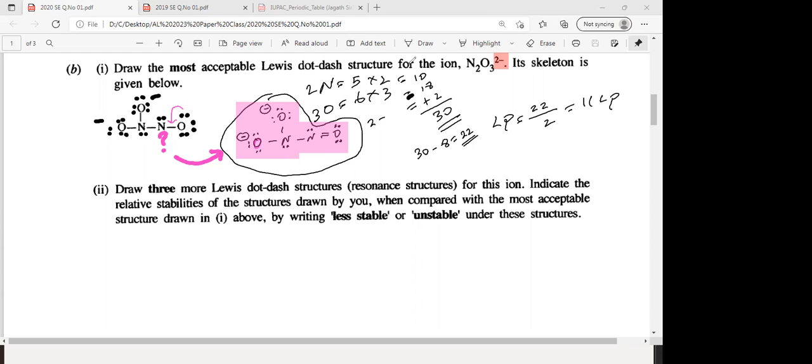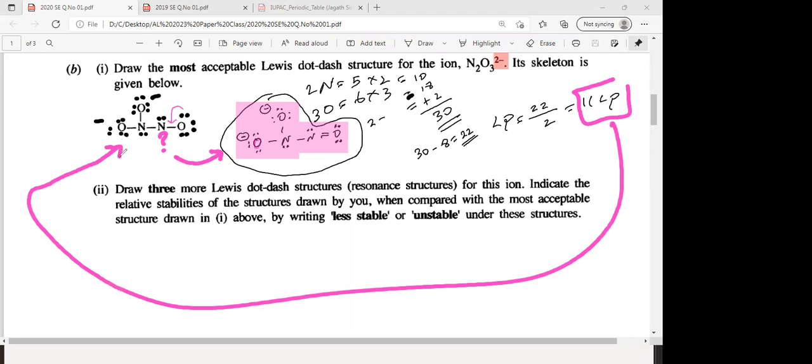Okay, shall I move to the next one? If you have any doubt, please tell me. So I distributed the 11 lone pairs first on the most electronegative oxygen.